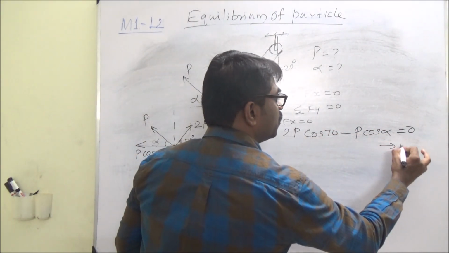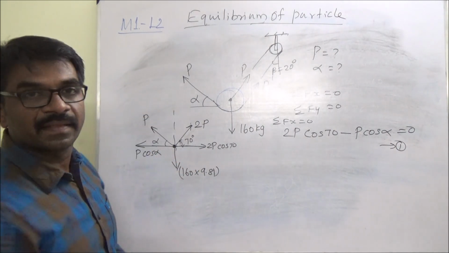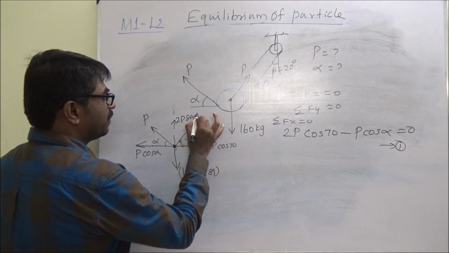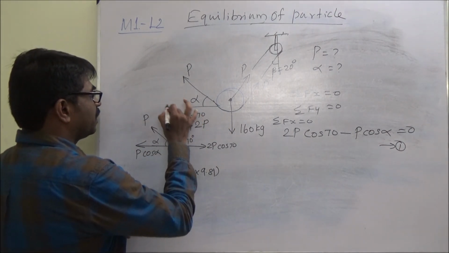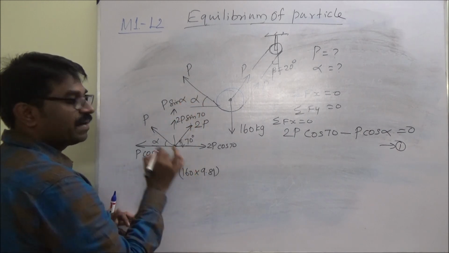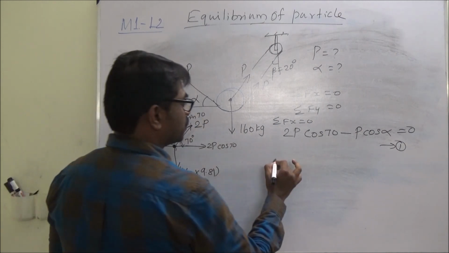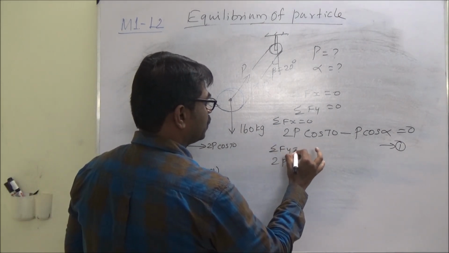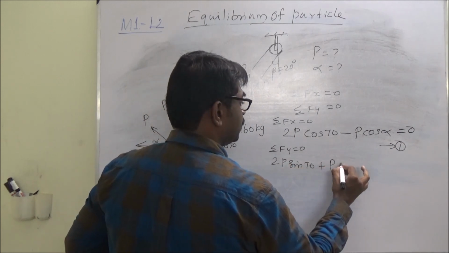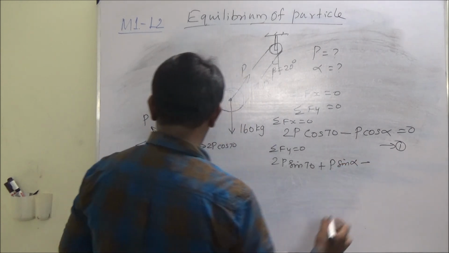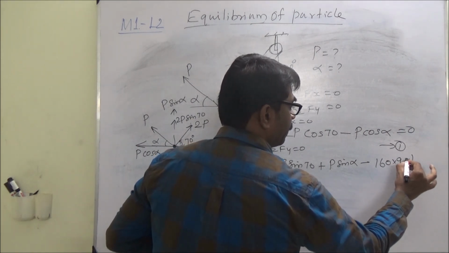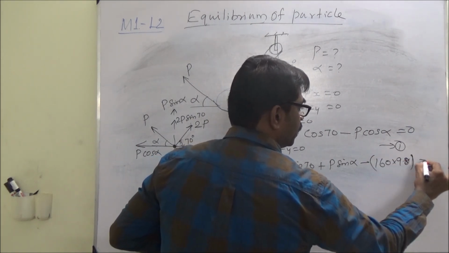So this gives you equation 1, and then we'll make the vertical component. Vertical component will have 2p sine 70. This component will have p sine alpha. So we have 1 force, 2 force and 3 force. These are upward, so summation of fy equal to 0: 2p sine 70 plus p sine alpha minus 160 into 9.81 equal to 0.